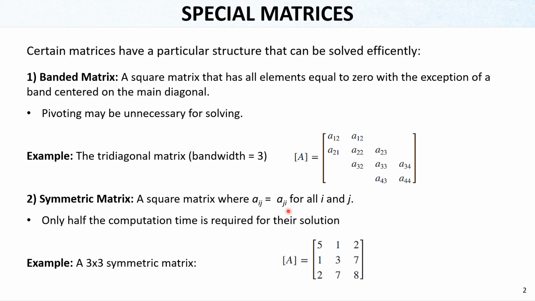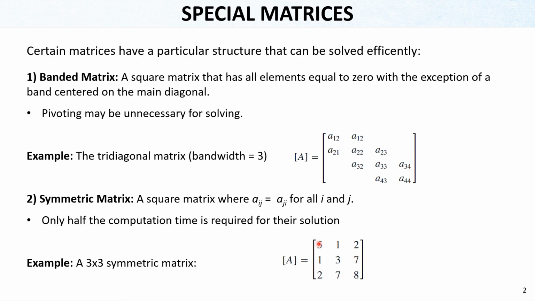Another matrix is the symmetric matrix, and this is a square matrix where the aij and aji terms are equivalent for all i and j. Basically, the terms around the diagonal will be equal for ij and ji, the reverse of these. For example, a21 and a12 are equal, and a31 and a13 are equal, and also a32 and a23 are equal.